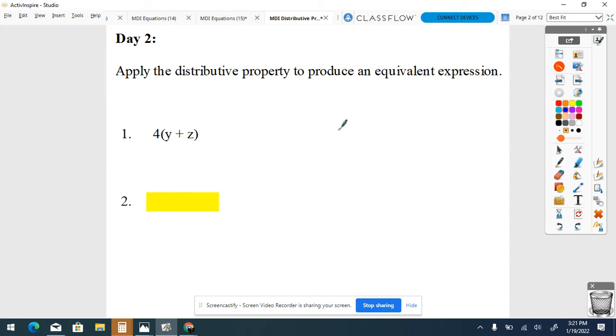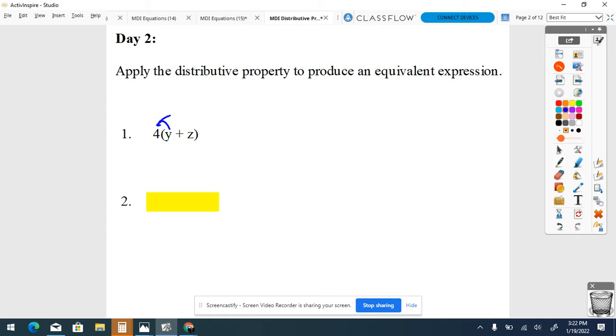All right. Now, make sure you write day 2 on Thursday. Day 2 should be on Thursday. And again, these are distributive property problems, so make sure you pause the video and go ahead and solve number 1. All right. So hopefully remember to draw your lines or your arrows.